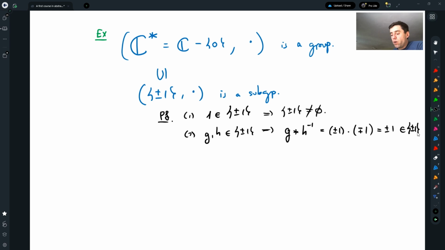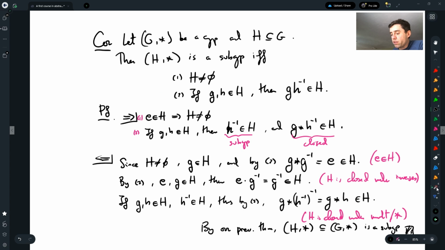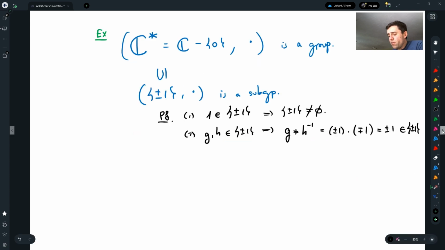So by this corollary, we have checked that the subset is not empty, and that we have this property, and therefore, since we share the same binary operation, then it is a subgroup. So it is a subgroup.